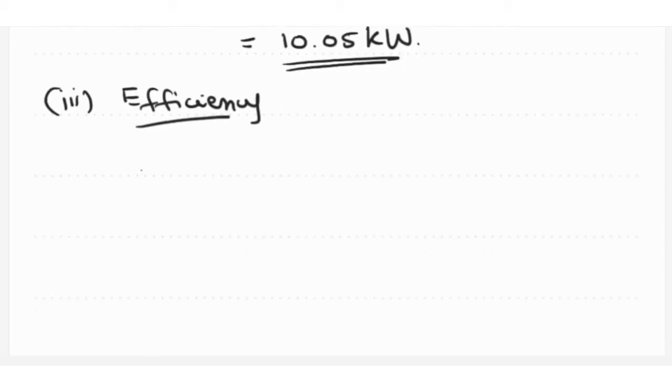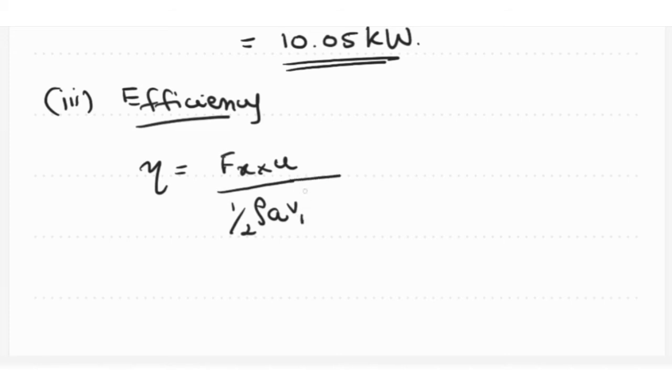So that is given by eta is equal to output of the jet divided by input. So output is nothing but work done. So Fx into u, input is half into rho into a into v1 cube.